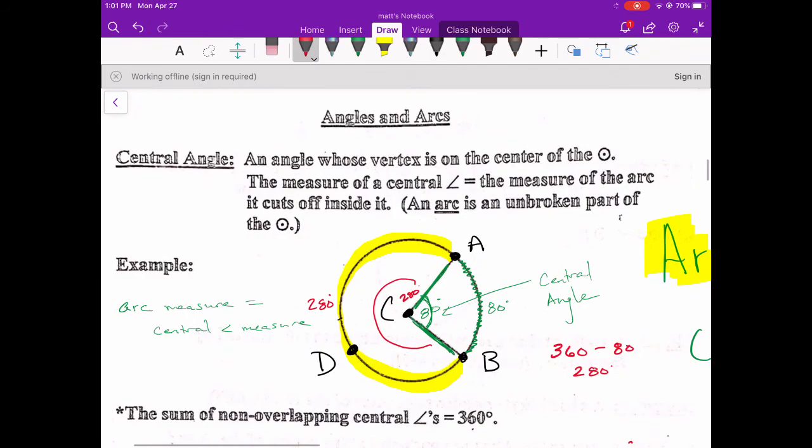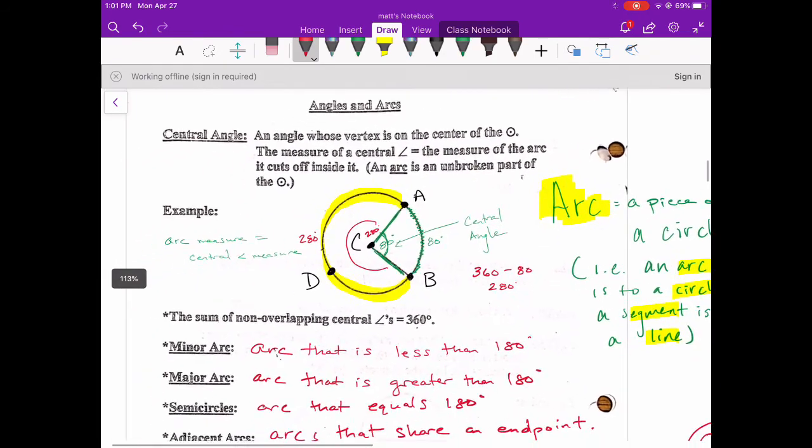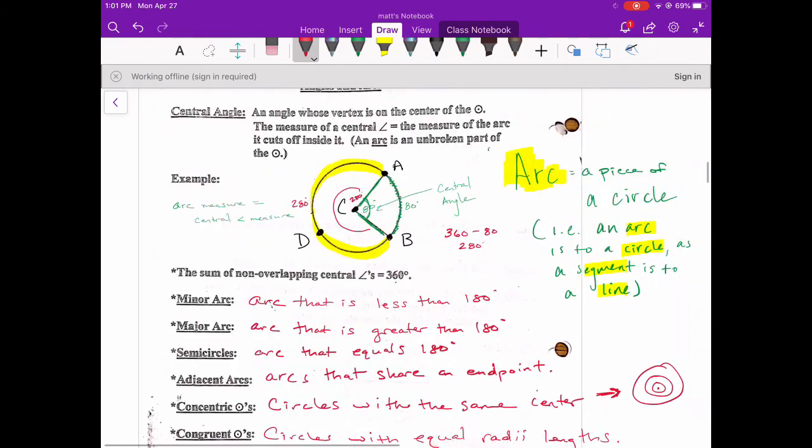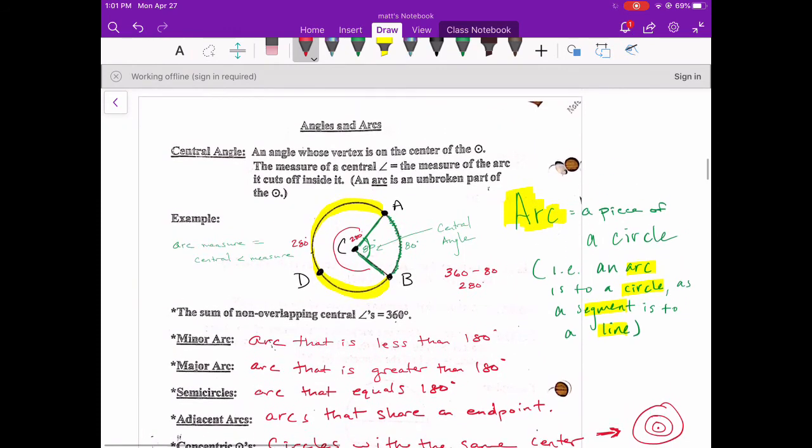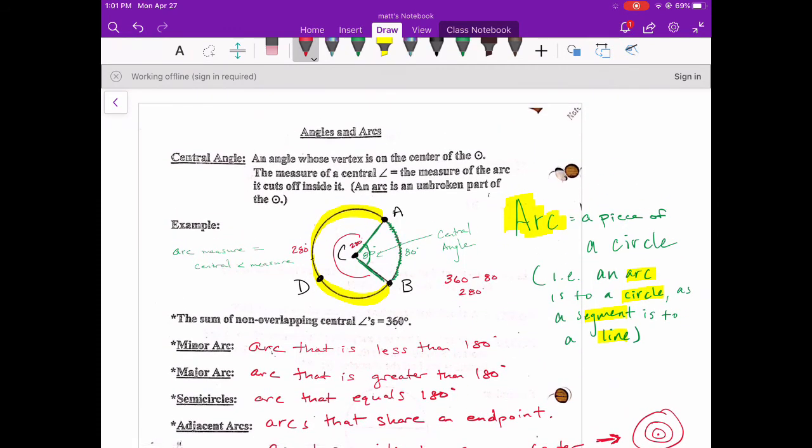Real quick, just for vocabulary purposes, I would like to do some naming of these minor arcs and major arcs. For instance, we said earlier, and it's worth writing down, arc AB would be a minor arc. There are two different ways that I could go from A to B. When I talk about an arc measure, it's the shortest distance from point to point.